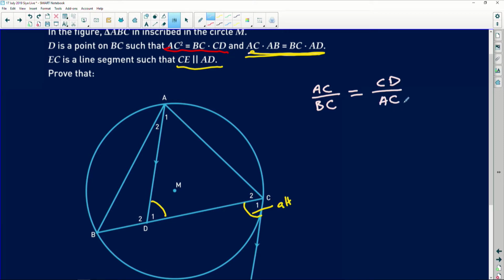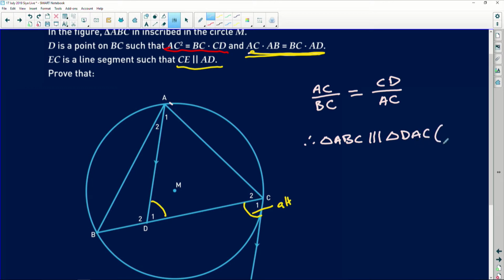So it's two triangles that are sharing one side, which is AC here. So it's triangle ABC, which shares a side with triangle DAC. So that's what I have at the moment. So here I have triangle ABC, which is similar to triangle DAC.